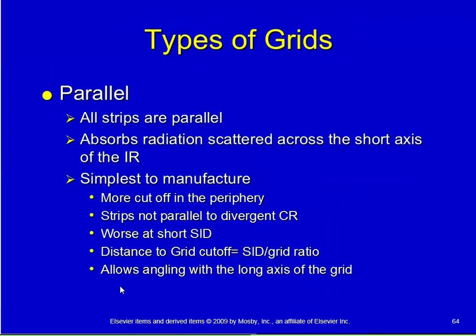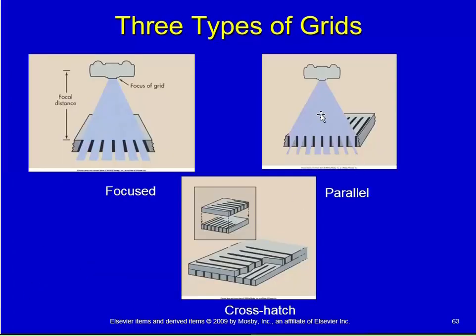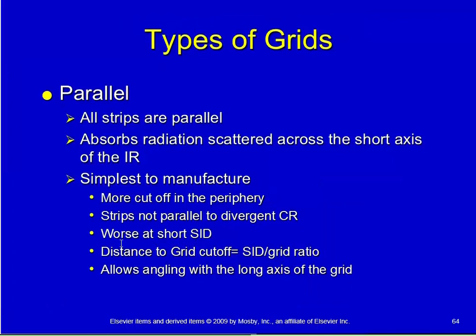So you get more cutoff in the periphery. So the strips are not parallel to the divergent central ray. So the divergent central ray is coming down this way. If the grid strips were leaning in that way, then they would be parallel, but they're not. They're parallel to each other, but they are not parallel to the divergent central ray. And that's why we get grid cutoff in the periphery.